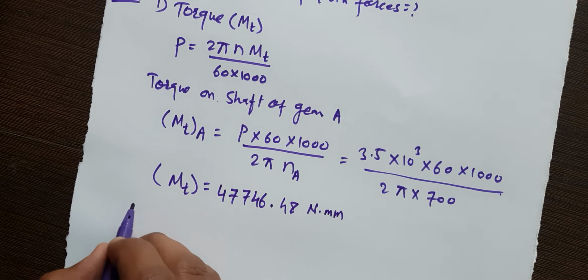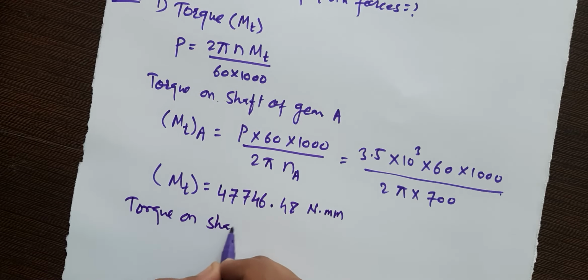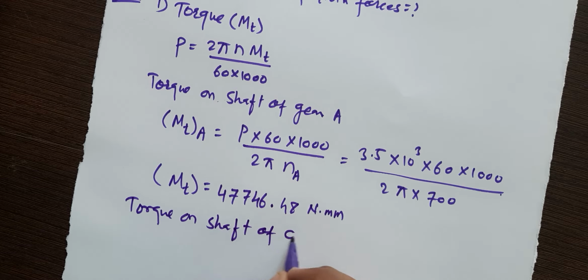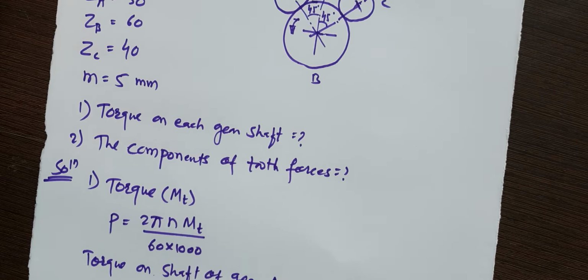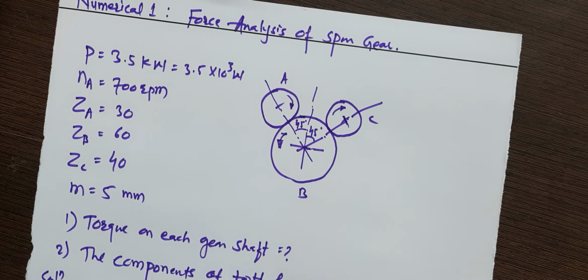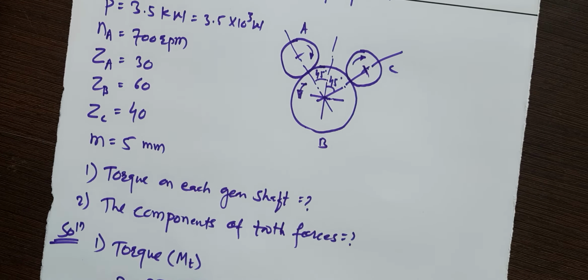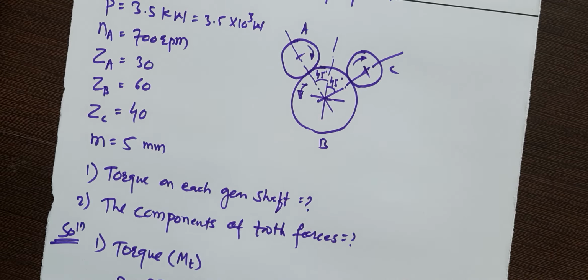Then we'll go for torque on shaft of gear B. Here you can see it is given in the example itself that gear B is idler gear. An idler gear will not transmit torque to its shaft.